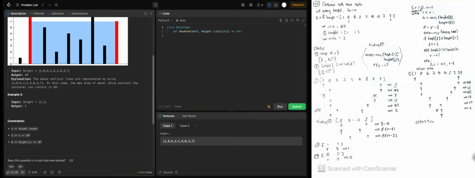I'd like to clarify the length n. Okay, so clarifying number 1, range of n.